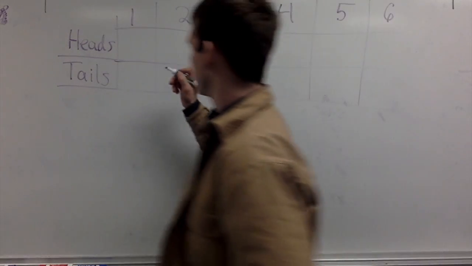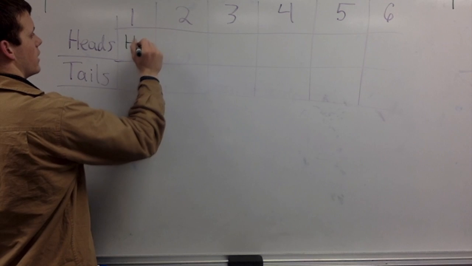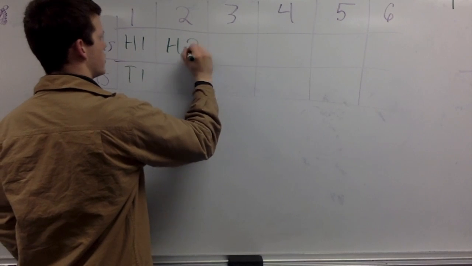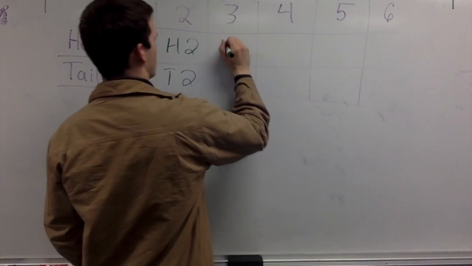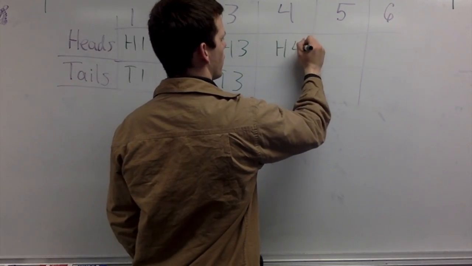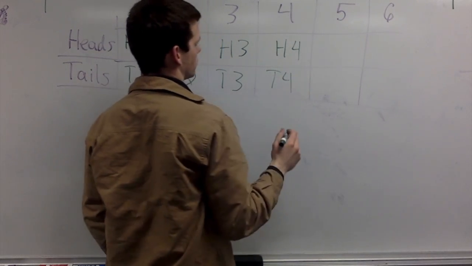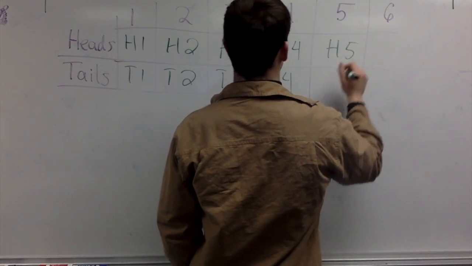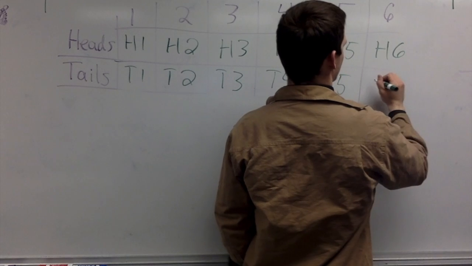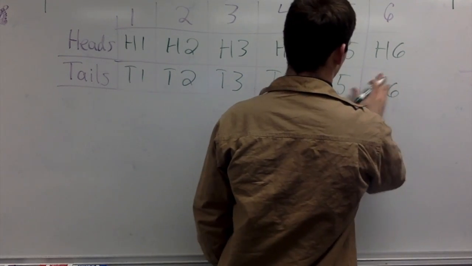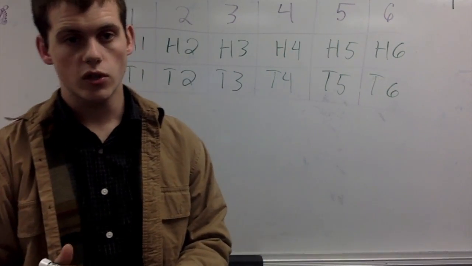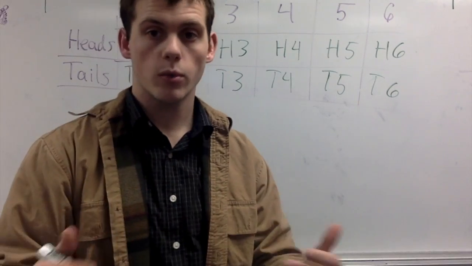So our options are heads 1, tails 1, heads 2, tails 2, heads 3, tails 3, heads 4, tails 4, heads 5, tails 5, and heads 6, and tails 6. So our question is, what is the total number of outcomes?